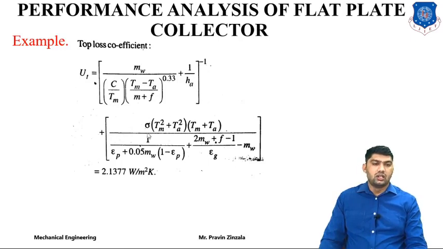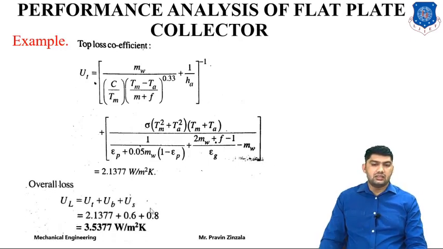You have to remember these equations for top losses. It is derived from the heat transfer equation by a combination of conduction, convection and radiation. This is the Stefan-Boltzmann constant; Tm, Ta and all the values are given. By inserting the values, we get the answer 2.1377 watt per meter square Kelvin. This is the top loss.